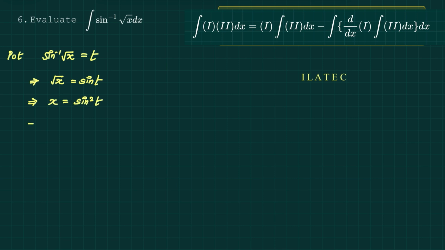Now let us differentiate both sides with respect to x, then we will have d/dx of x is 1 and d/dx of sine square t is 2 sine t. Using the chain rule, d/dt of sine t is cos t, and dt. So this implies dx equals 2 sine t cos t, which means sine 2t, dt.